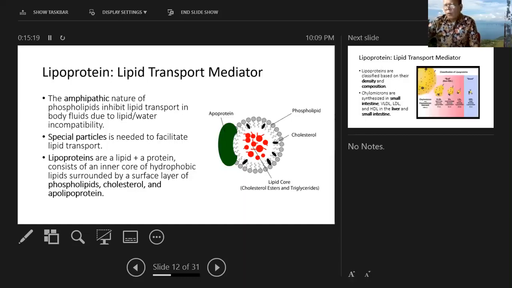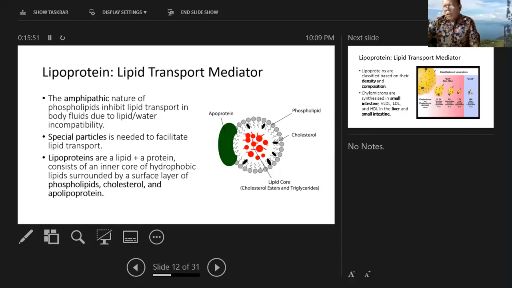Now have a look at lipoprotein as a lipid transport mediator. Let's see this figure. This is apoprotein. This one is phospholipid, cholesterol, and this one is the lipid core. The amphipathic nature of phospholipid inhibits lipid transport in body fluid due to lipid-water incompatibility.